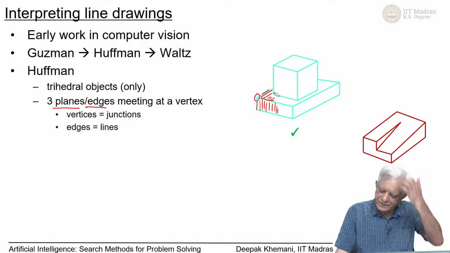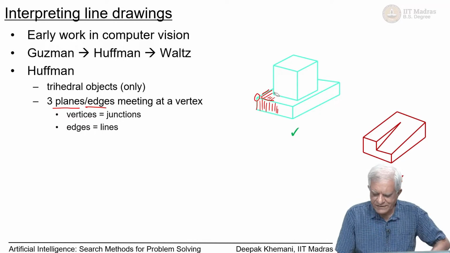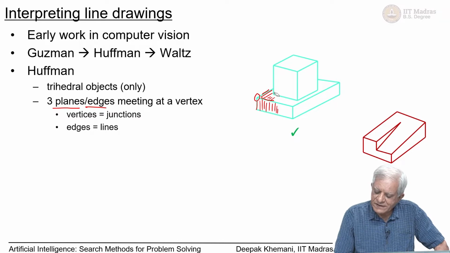The figure on the right hand side is not a trihedral object, and the reason for that is that the top surface is not a plane.